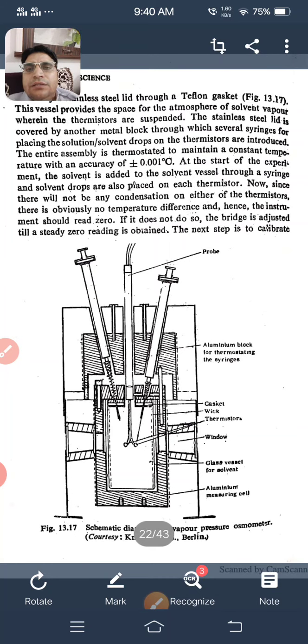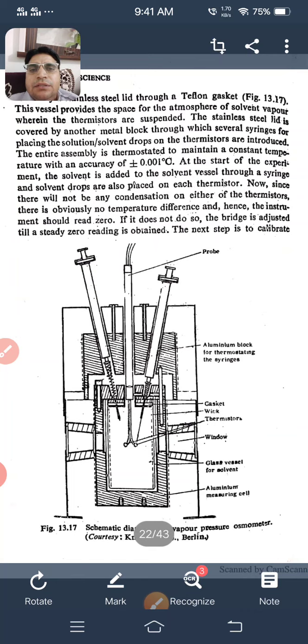The entire assembly is thermostatted to maintain a constant temperature with an accuracy of approximately plus or minus 0.001 degree centigrade. At the start of the experiment, the solvent is added to the solvent vessel through a syringe and solvent drops are also placed on each thermistor.